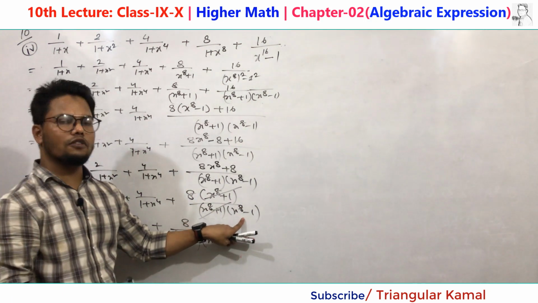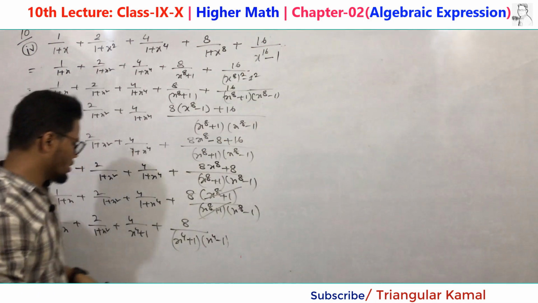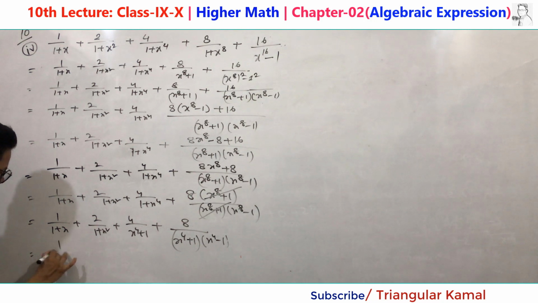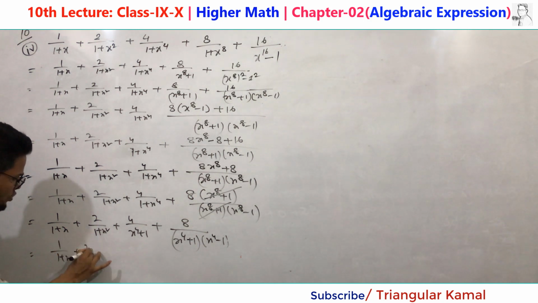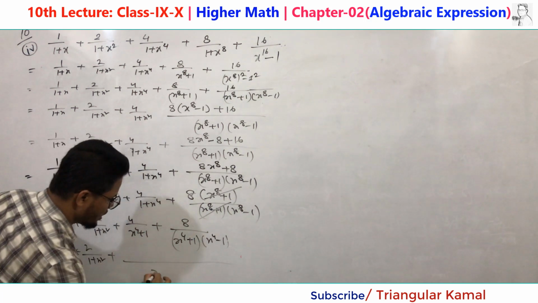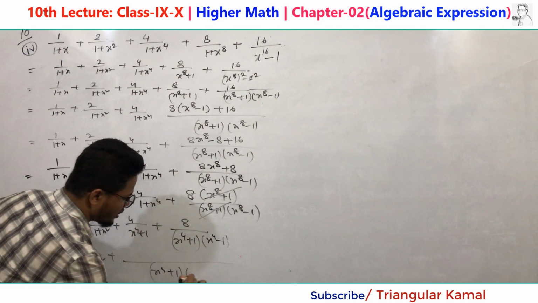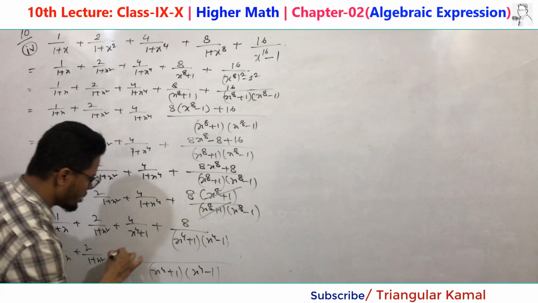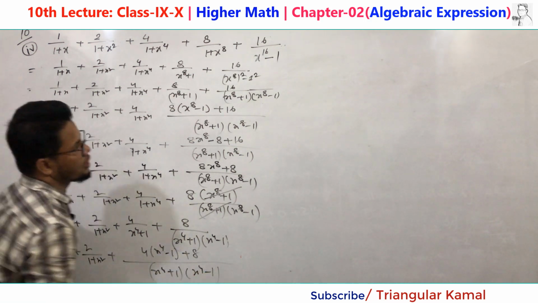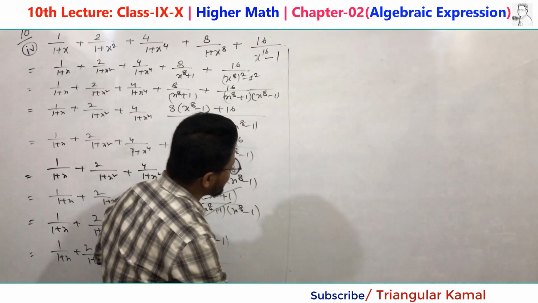Just using the formula here, it's like this one. So now just connect the fourth one and third one. So now 1 by 1 plus x plus 2 by 1 plus x square plus, just taking LCM, x to the power 4 plus 1 into x to the power 4 minus 1, and now 4 into x to the power 4 minus 1, plus 8. Now do simple calculation here.